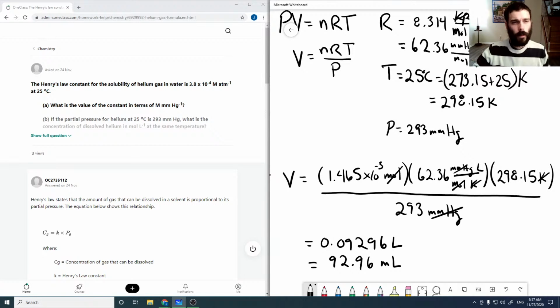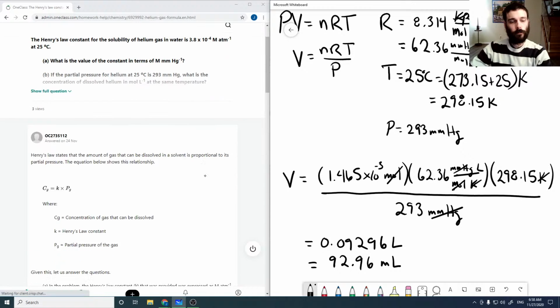Because I believe in the question, I guess it gets tricky. Okay, so that's our volume of helium gas, which is dissolved in 10 liters of water at that temperature and with that partial pressure.